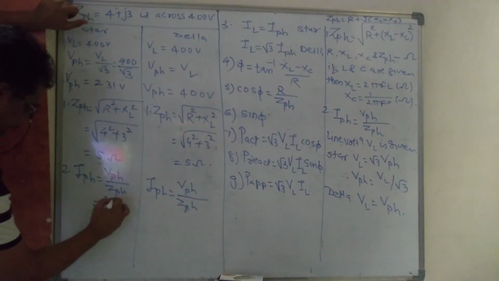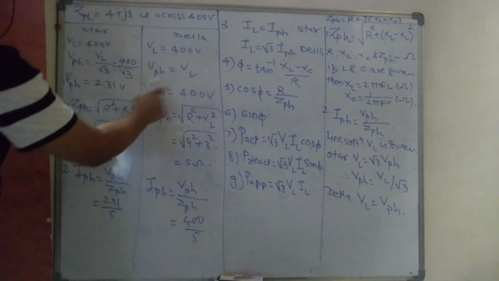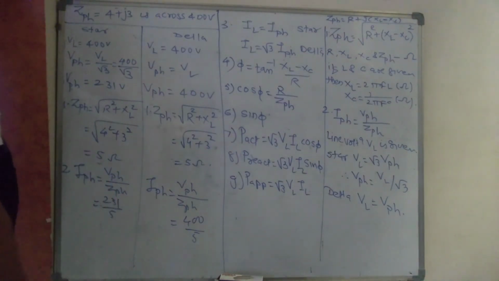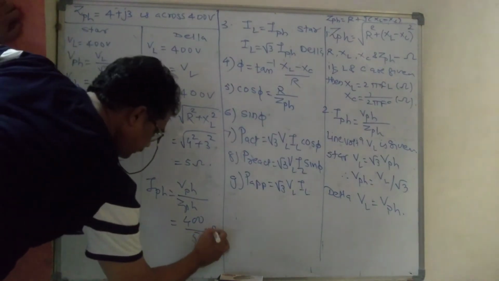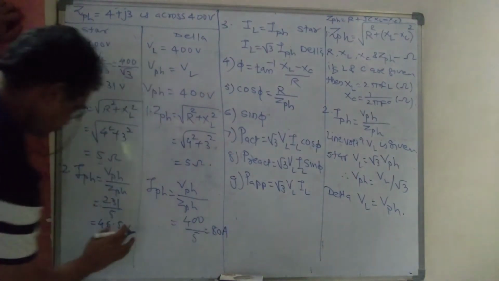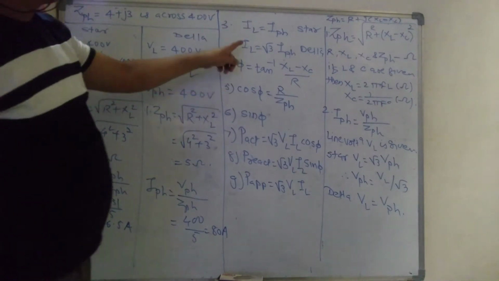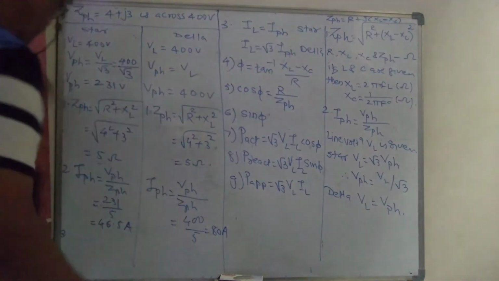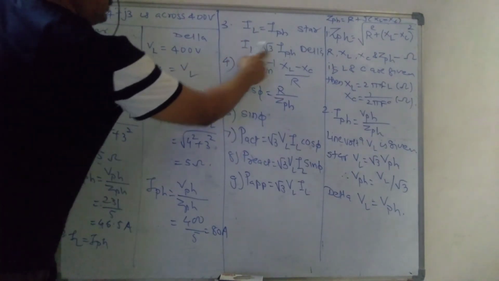For star, VPH 231 upon 5 gives 46.2 ampere, and for delta, 400 upon 5 gives IPH of 80 ampere. Then third, for star IL is equal to IPH, and for delta IL is equal to root 3 IPH.